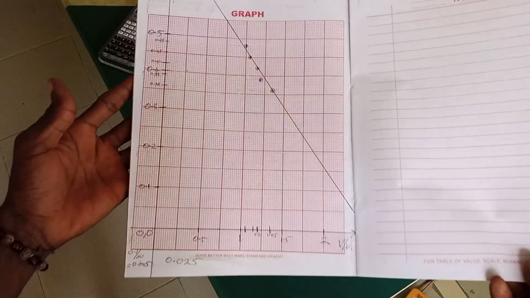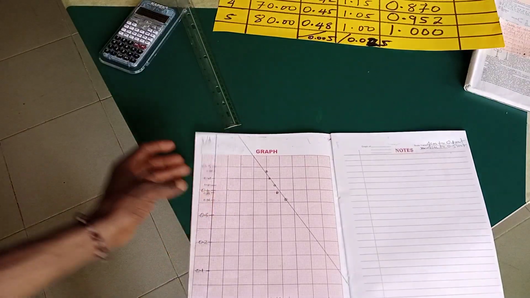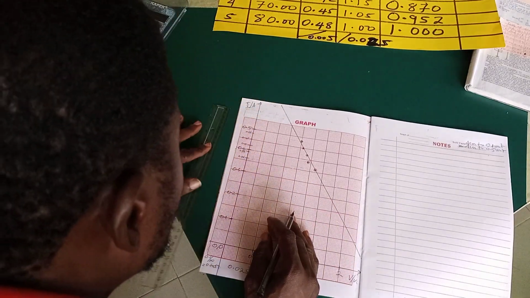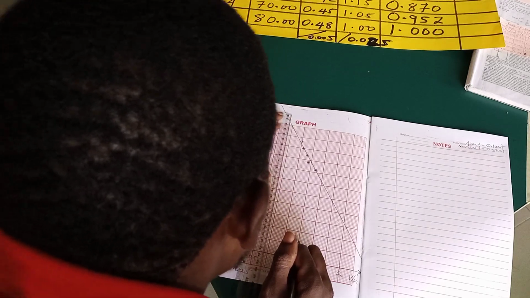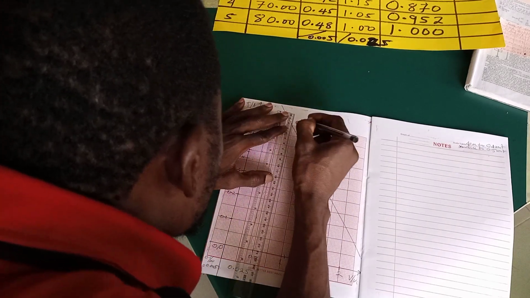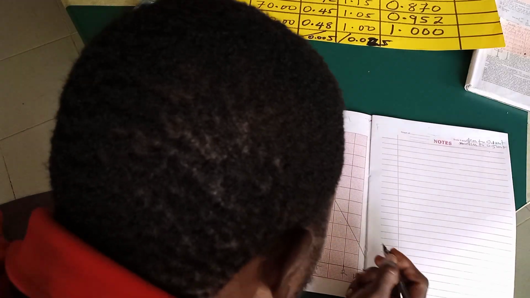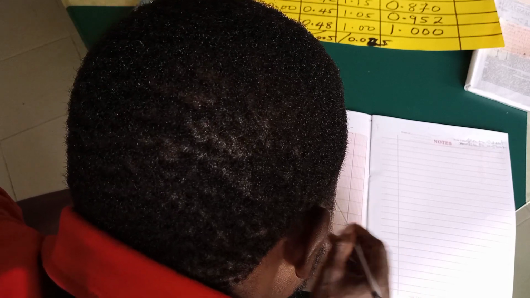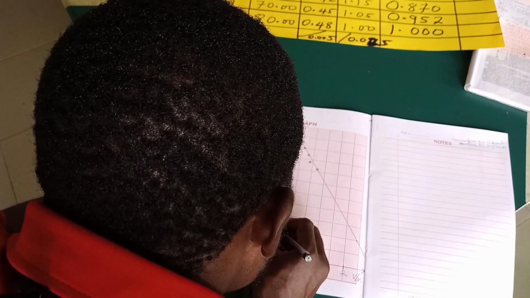This is your graph. So we are going to draw our triangle. We will choose this point, and this point, and also this point.